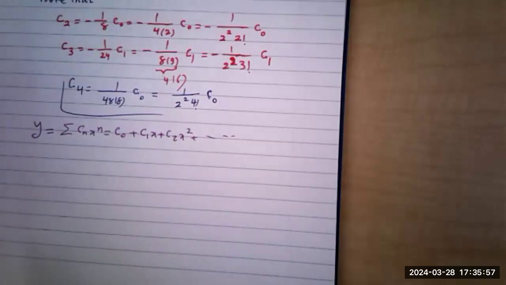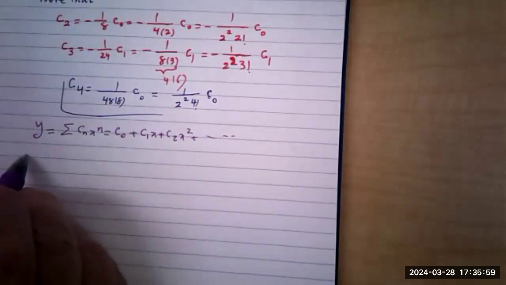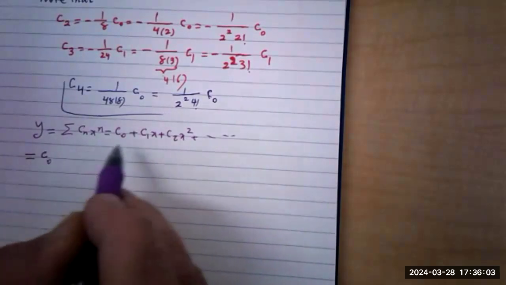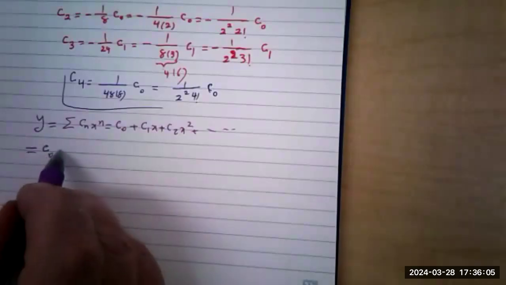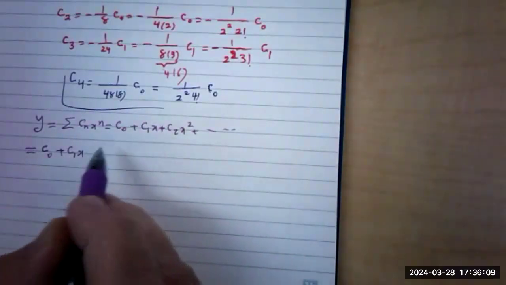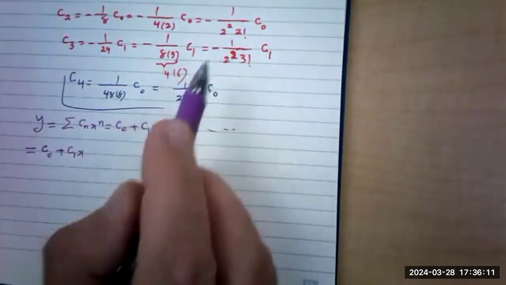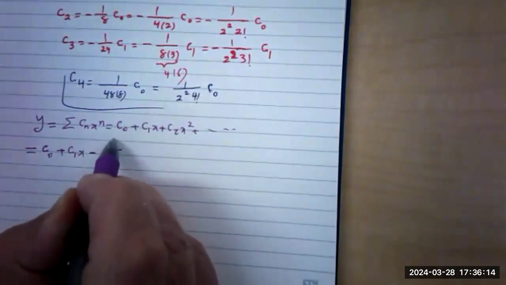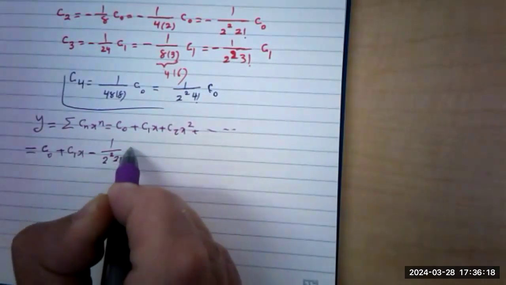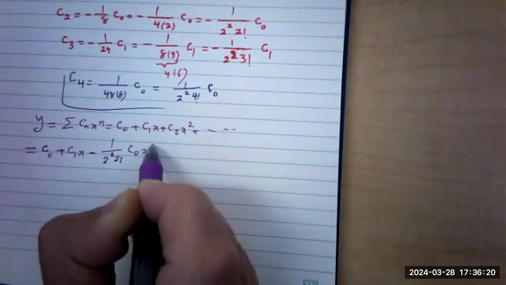You see, if you substitute, what's going to be the result? It's going to be equal to C0. For C1, you don't have anything, so it's going to be C1x. But for the C2, you did have this one, so it's going to be 1 over 2 squared, 2 factorial, C naught x squared.